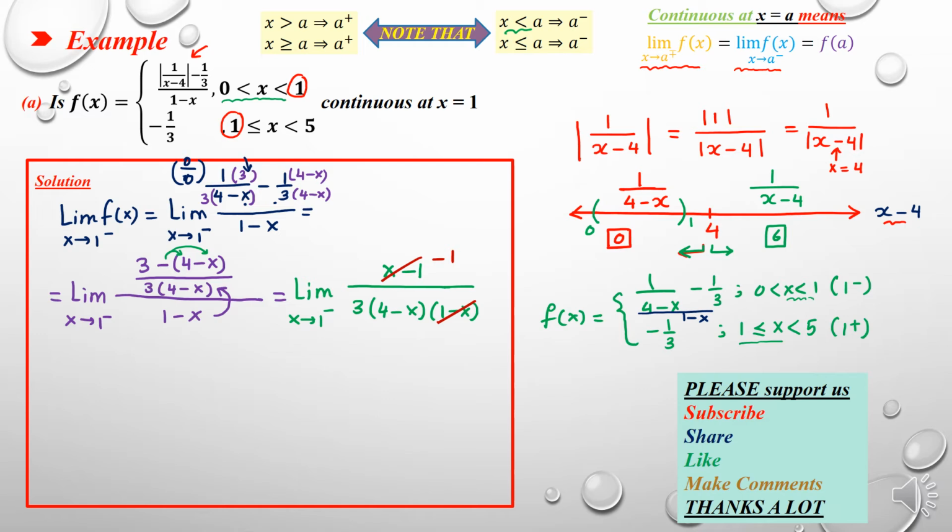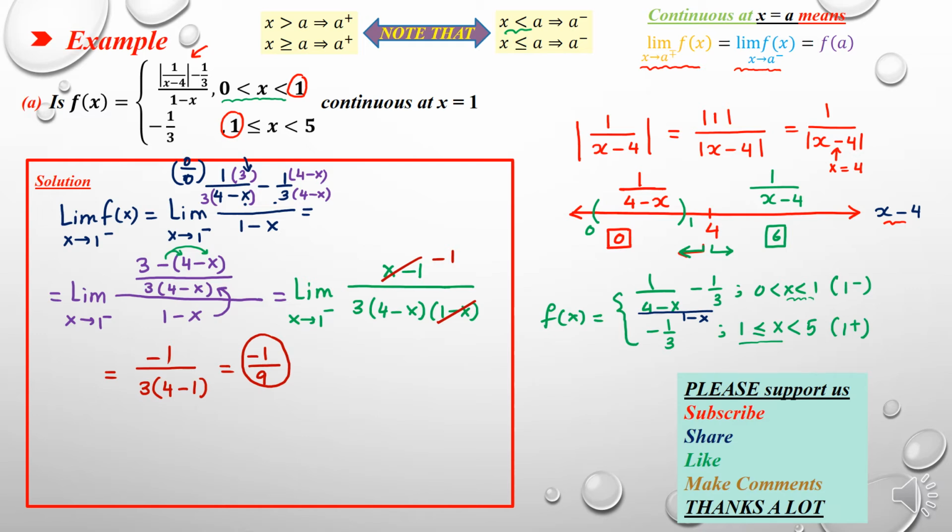Then you have to substitute 1 in the function inside and you will get negative 1 over 3 multiplied by 4 minus 1, which is negative 1 over 3 times 3, which is 9. So the limit of the function when x goes to 1 from left is negative 1 over 9.